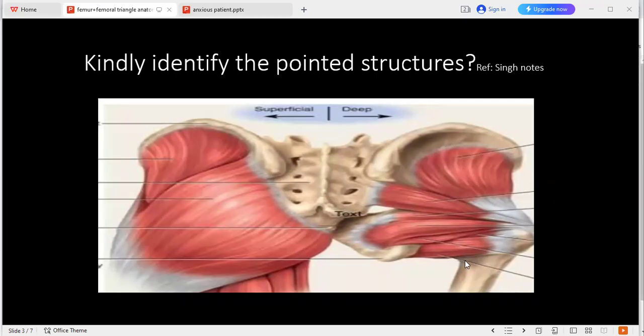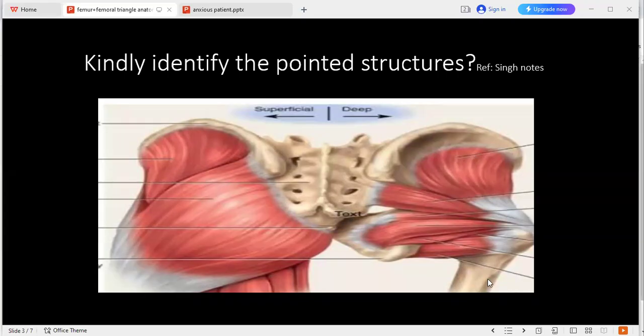Yes, lateral rotator of the hip joint. Which nerves supply the gluteal region? The gluteus maximus is supplied by the inferior gluteal nerve, and gluteus minimus and medius are supplied by the superior gluteal nerve. All right.